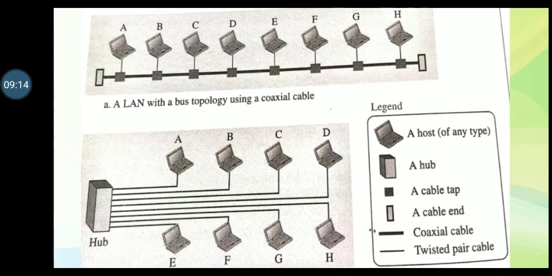Then second, we'll see station A has sensed a collision in the medium before sending 512 bits. What this means is that one of the previous bits has collided with a bit sent by another station. So in this case both stations should refrain from sending and keep the frame in their buffer for resending when the line becomes available.